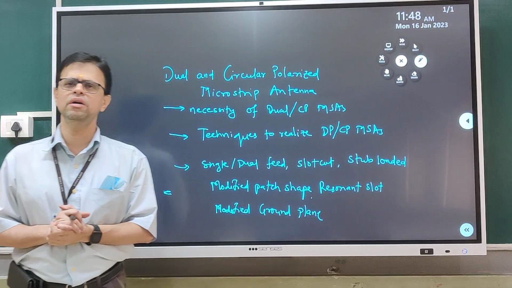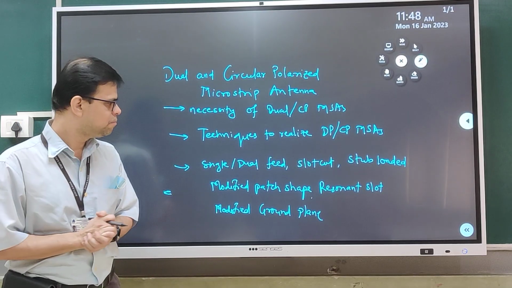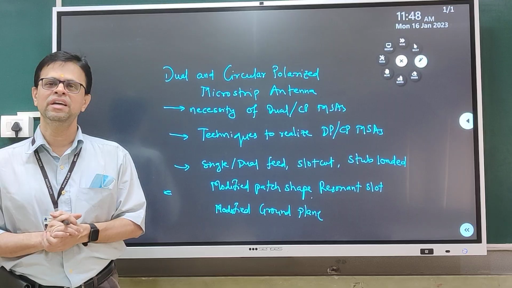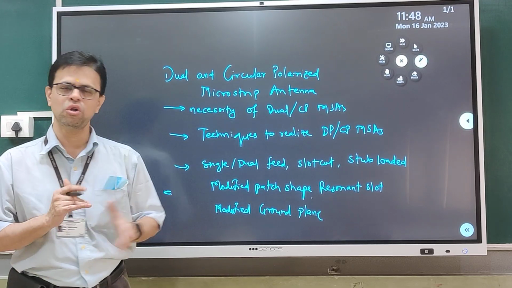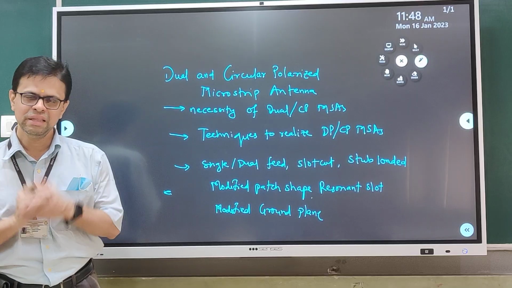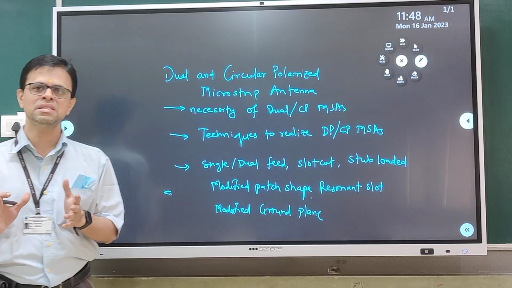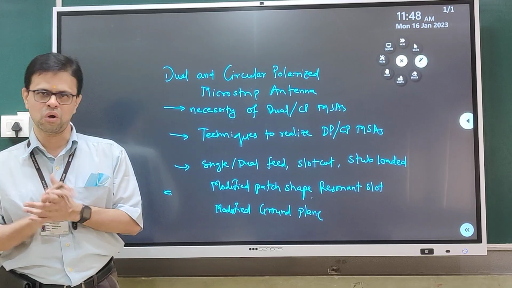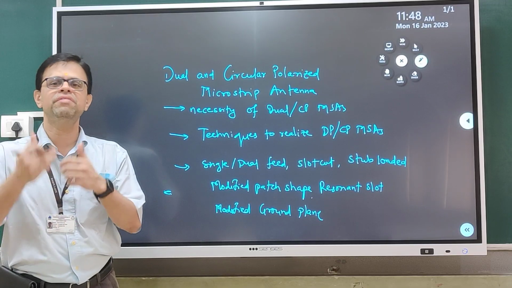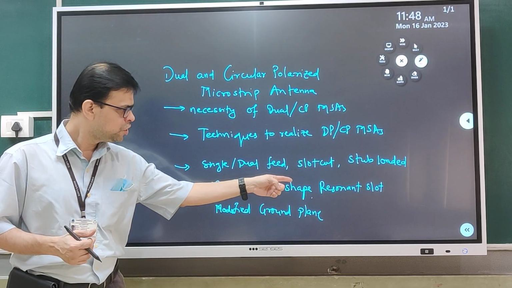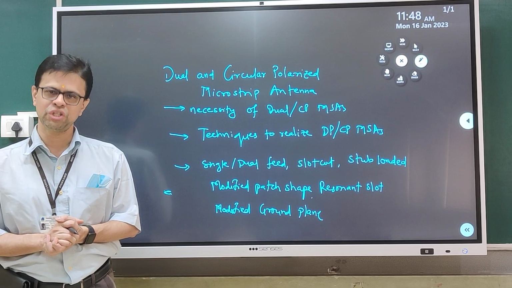Another very important and convincing technique is to realize a CP design using resonant slots. We have seen in the past wideband antennas designed using resonant slots. The same concept of resonant slot, but with a modified approach, is used to realize a circular polarized condition.